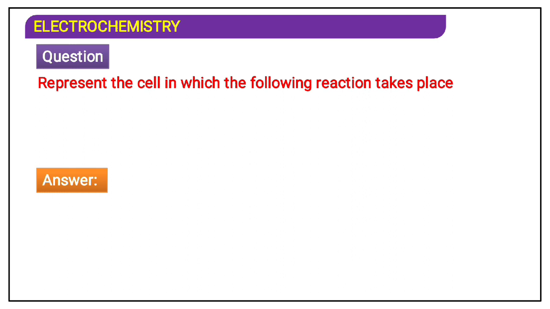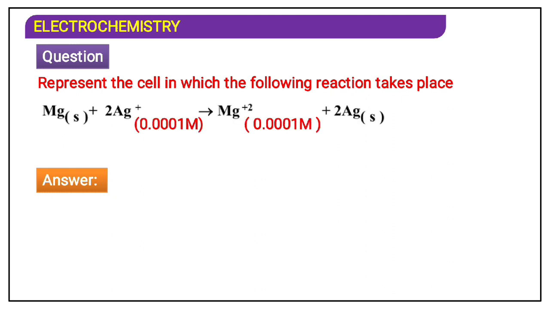So the problem is the following cell representation. The cell reaction is Mg(s) + 2Ag+ gives Mg2+ + 2Ag.